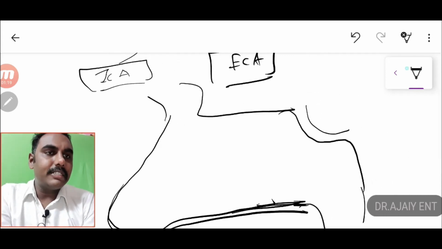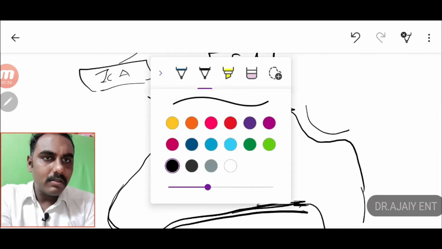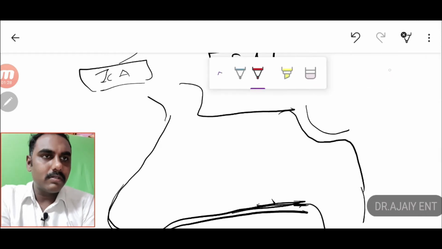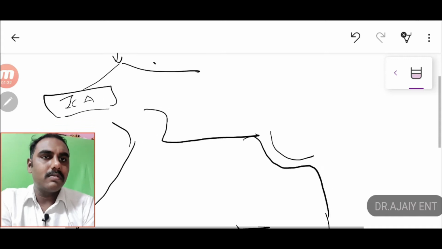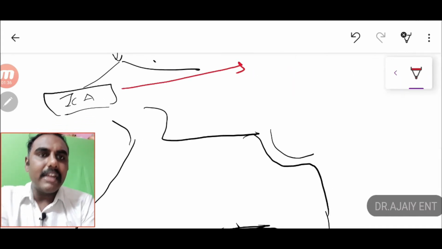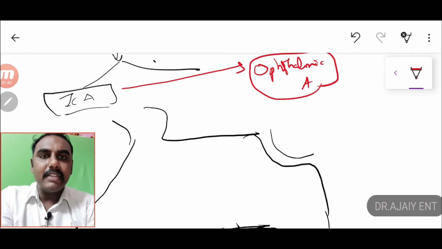Now, the internal carotid artery will give a branch called the ophthalmic artery.